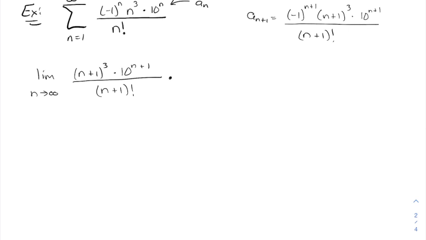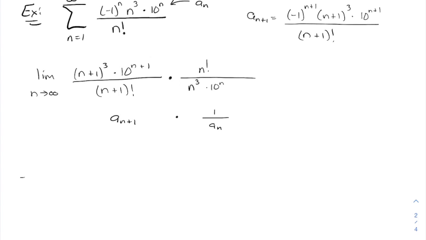So basically what I've got here is my a sub n plus 1, and I'm going to multiply by 1 over a sub n. So up here, the reciprocal of a sub n is going to come up here. Again, I'll leave off the -1 because we're taking the absolute value. So I've got n cubed here times 10 to the n, and on top, I've got n factorial.